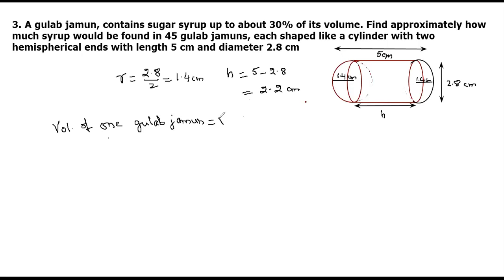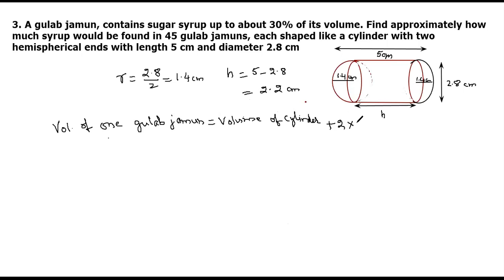What will we write? Volume of cylinder plus 2 times the volume of hemisphere. We should not write one hemisphere, because there are two hemispheres as the figure is given.